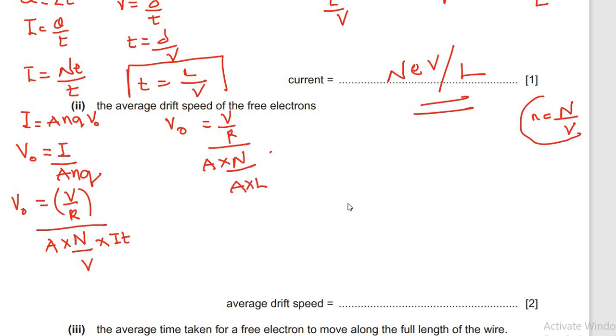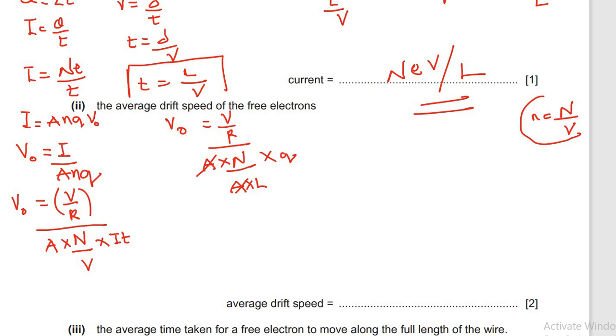Okay, it's making sense. So multiply by IT, that's charge. Let me leave it like this. Area cancels area. So then I have this.